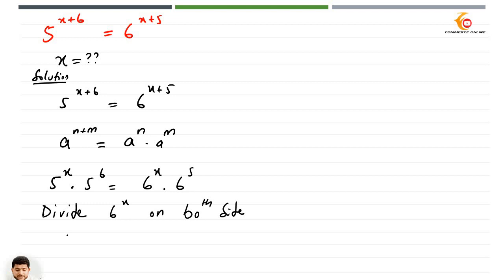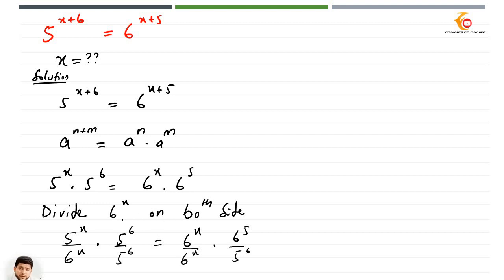So I will get 5^x over 6^x times 5^6 equals 6^x over 6^x times 6^5 divided by 5^6.